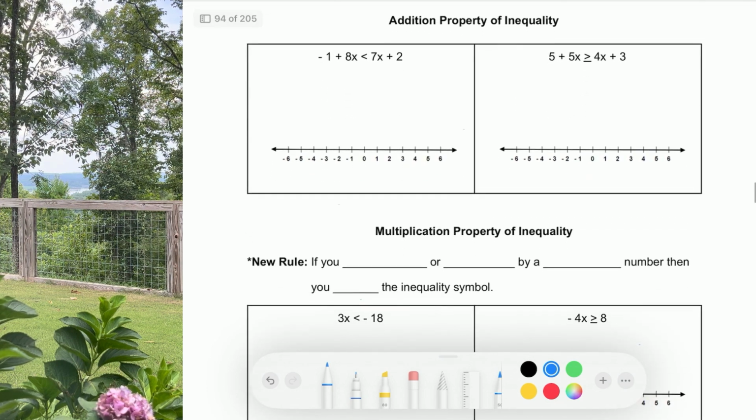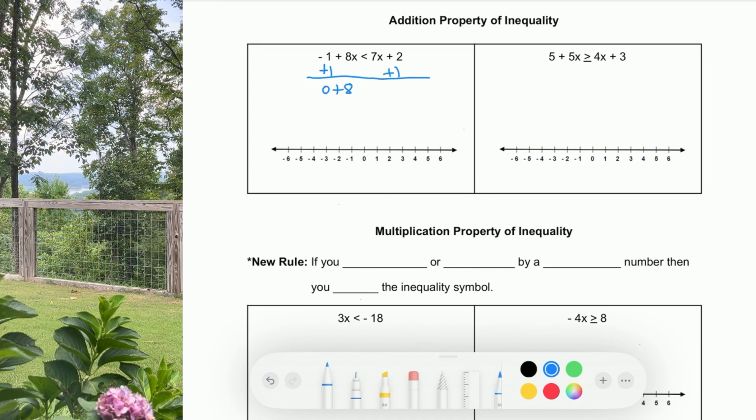Now let's look at the addition property of inequality. So we're going to solve some inequalities using the addition property, and then we're going to map them on the number line and write the interval notation that goes along with the solution. So the first thing we're going to do is add 1 to both sides on this first example.